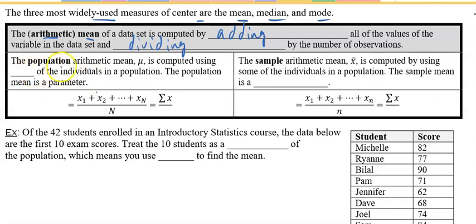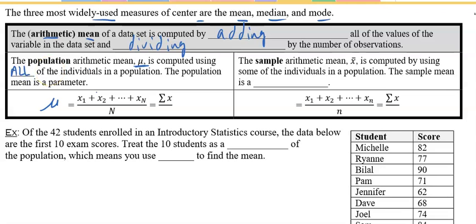So, the population arithmetic mean is denoted by mu. It is computed using all of the individuals in a population.